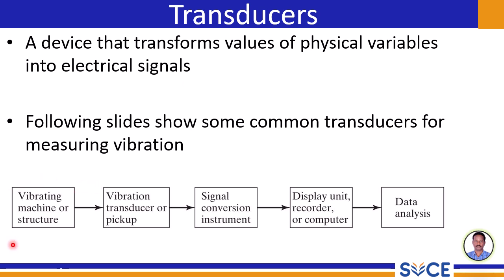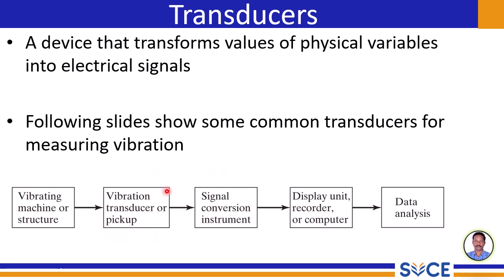Thinking with respect to our block diagram, the vibration transducer or pickup is the crucial link between the mechanical motion of a vibrating structure, a physical variable, and an electrical signal that our instruments can then process, display, and analyze. This conversion is the fundamental role of any transducer.